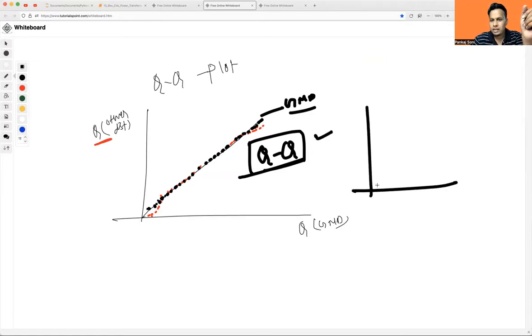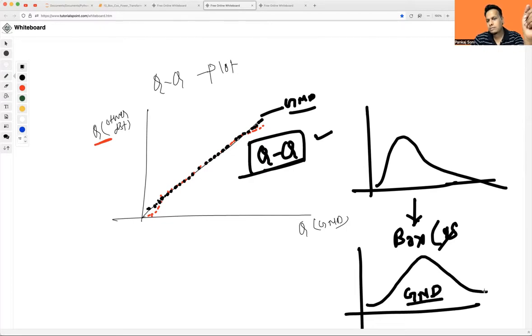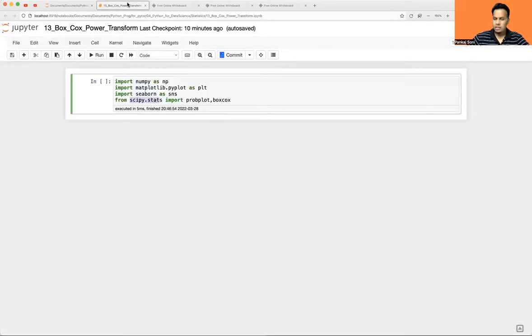Let's say earlier your data was like this. It is right skewed, correct? After applying Box-Cox, if your data looks exactly like a bell curve, it is nothing but a Gaussian normal distribution. This is what I'm going to prove with the help of Python.